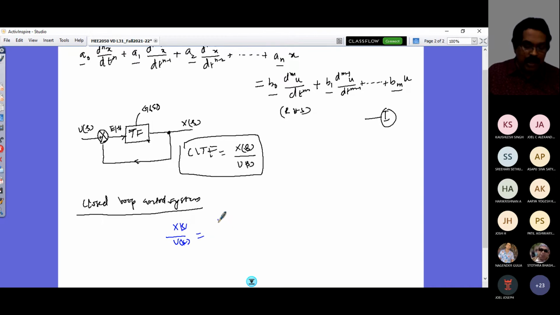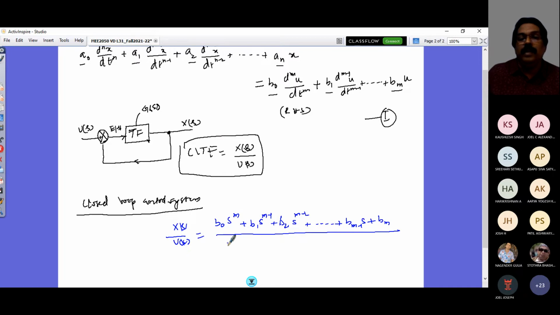I would have my transfer function as the ratio of two polynomials. The numerator is b0 s power m, where s is the Laplace variable, plus b1 s power m minus 1 plus b2 s power m minus 2, and so on, plus bm minus 1 s plus bm, divided by the denominator polynomial, because X of S and U of S are common. It is simple: A0 s power n plus A1 s power n minus 1 plus A2 s power n minus 2 plus and so on, plus an minus 1 s plus an.